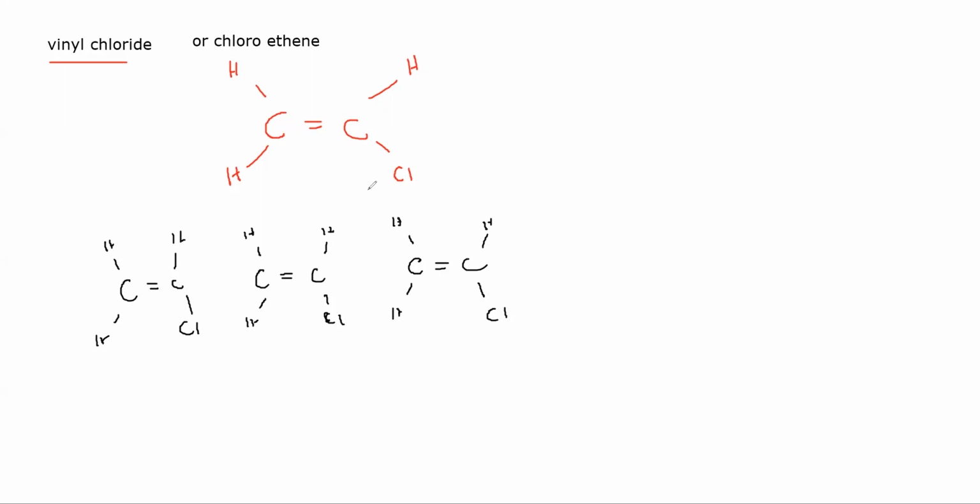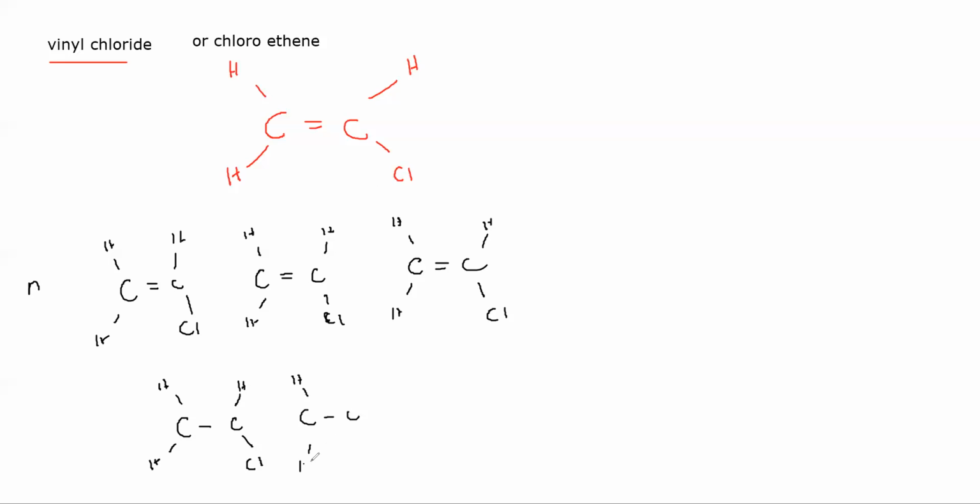Now, if we want to draw a polymer, what will happen? We'll draw the same structure. Like if we have n molecules, a lot of molecules of this, the double bond will break. This is one molecule.